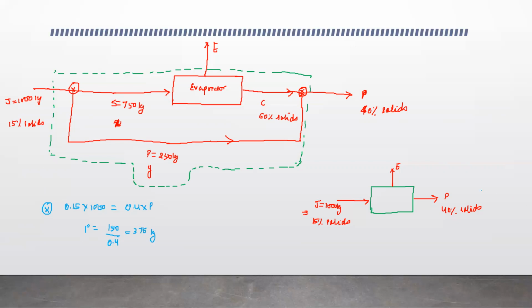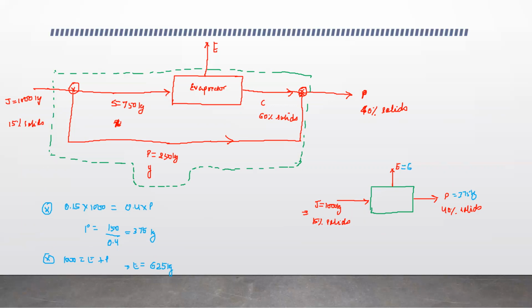Once you get P equals 375 kg, then from the overall material balance equation, 1000 is equal to E plus P. You will get E as 1000 minus 375, which is 625 kg.